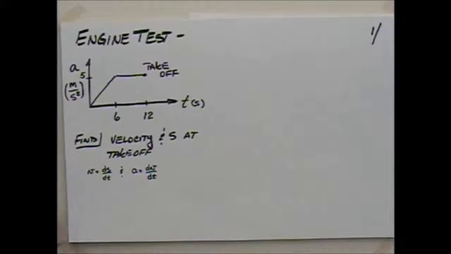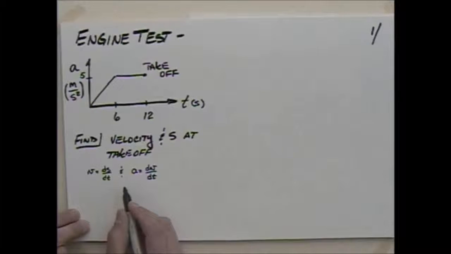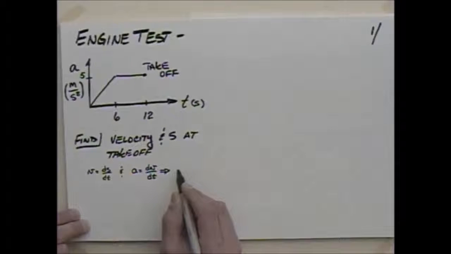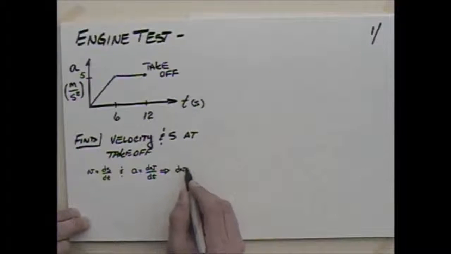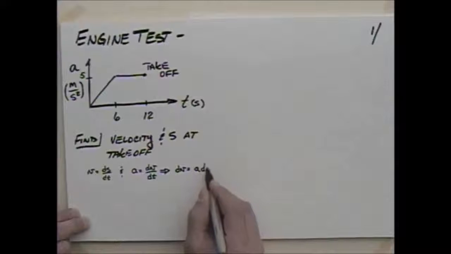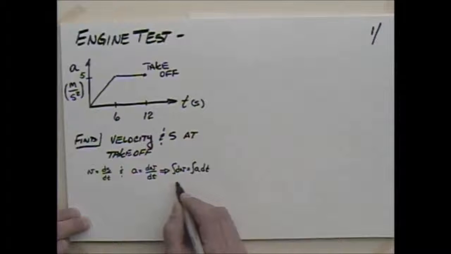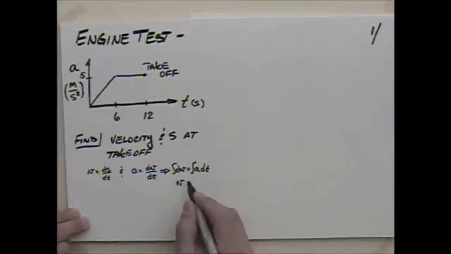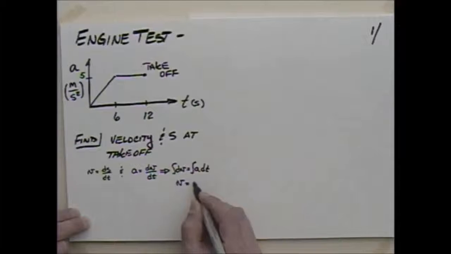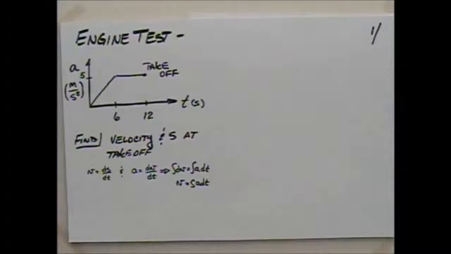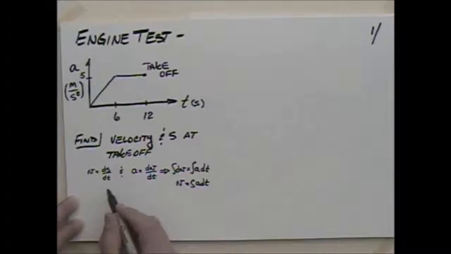So what I'd like to do then is rearrange this equation and say that dv is equal to a dt, and if I integrate both of those sides, I'll come up with the change in v, or the velocity, is equal to the integral of a dt, which is essentially the area under a curve, right? If we've got the acceleration a as a function of t. So let's see if we can make this work out for our purposes.